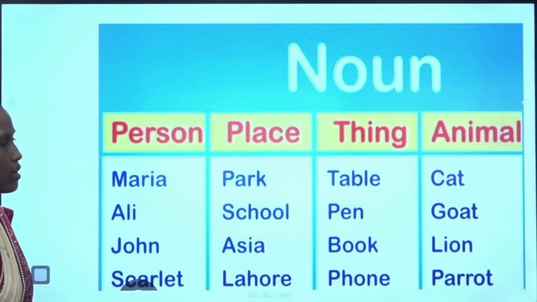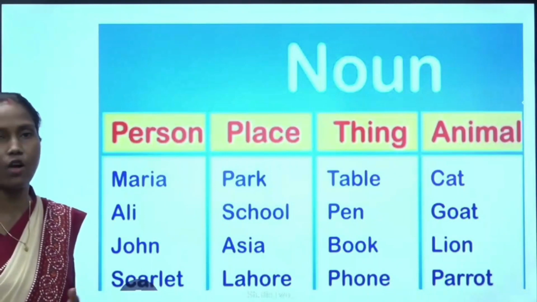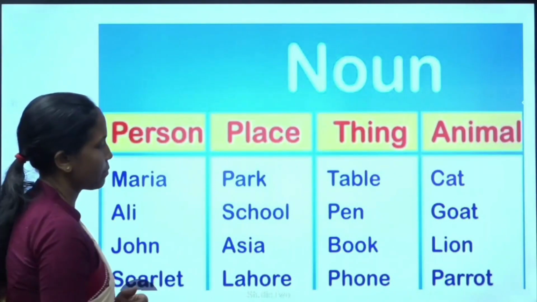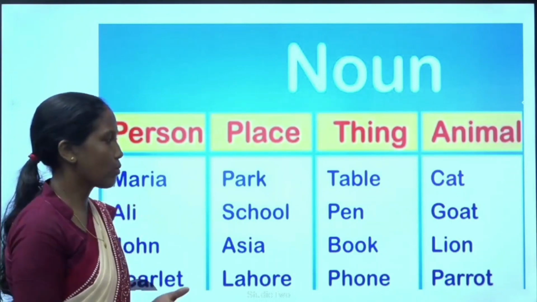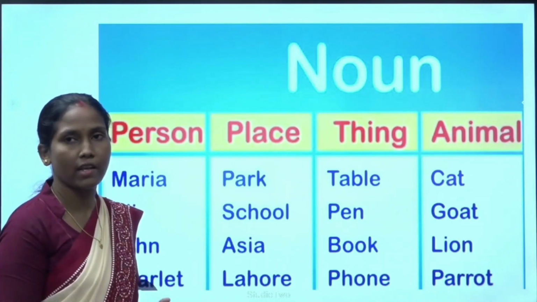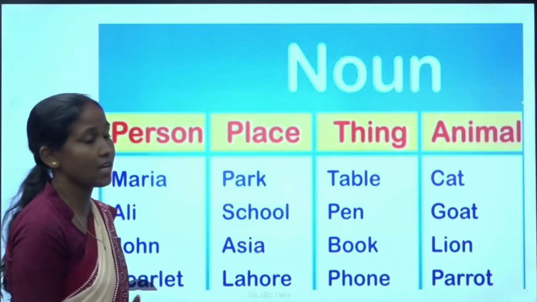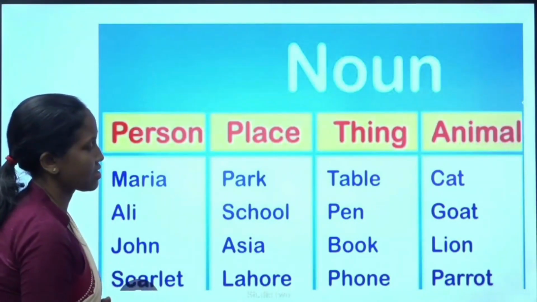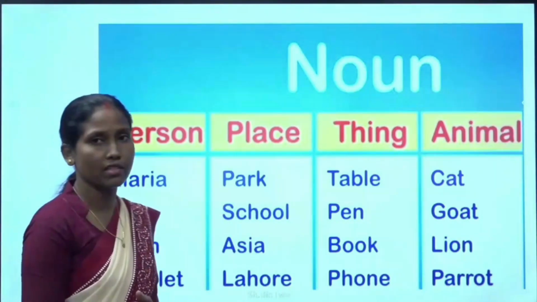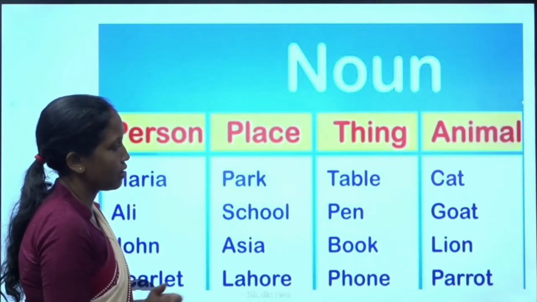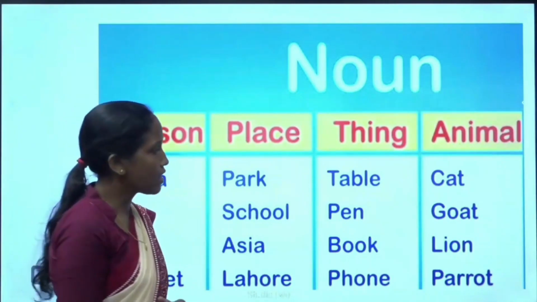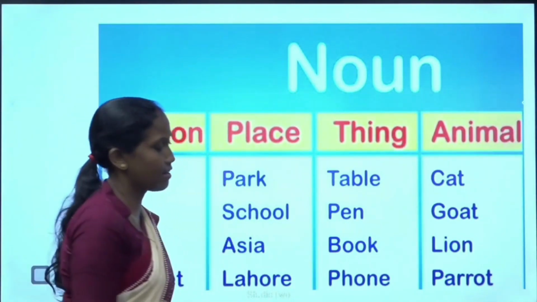Things. So the things which are around you, you can see the table, pen, book, phone, and in your class you see there are so many tables, benches, pen, paper. All these things are the example of what? Things. Next you see animals. Some examples are given here: cat, goat, lion, parrot.